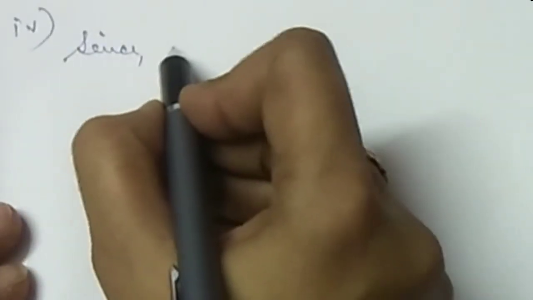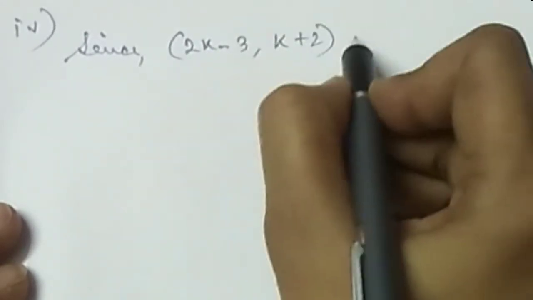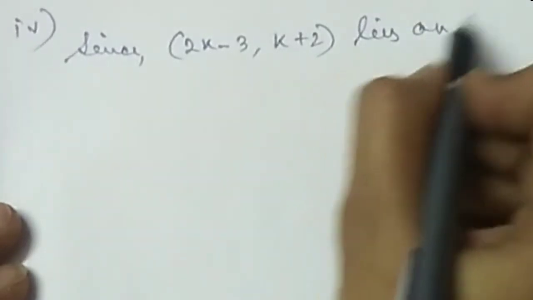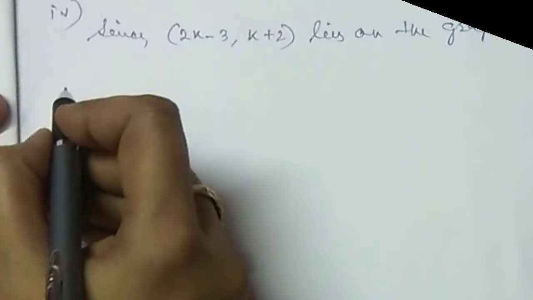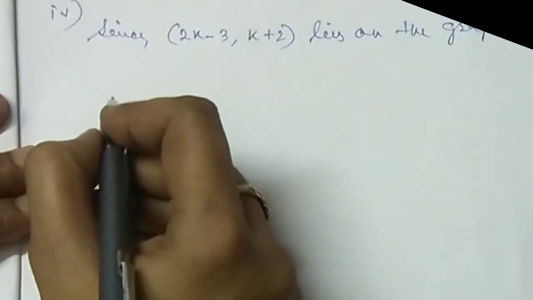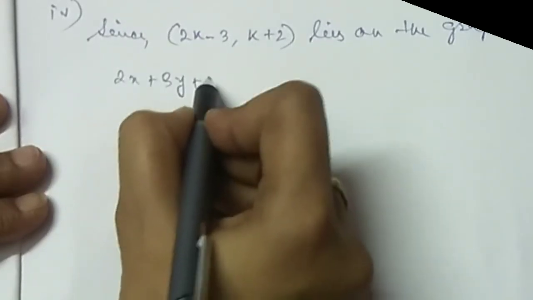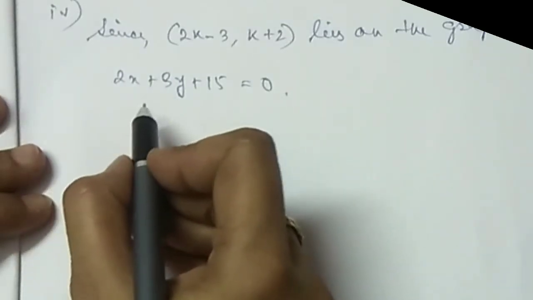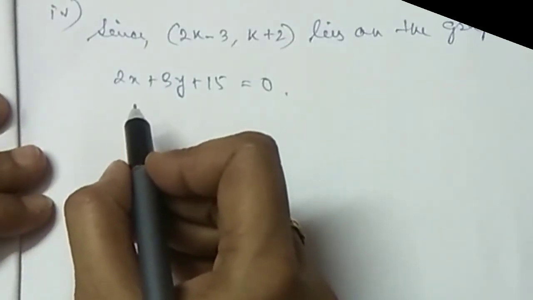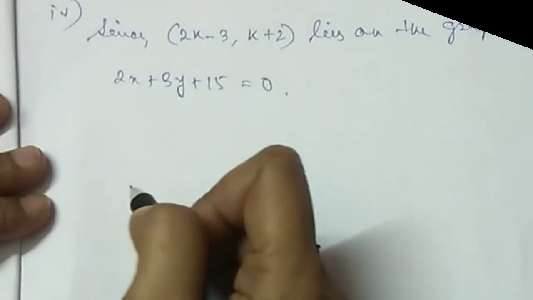Since (2k minus 3, k plus 2) lies on the graph 2x plus 3y plus 15 equals 0, then you need to find the value of k.